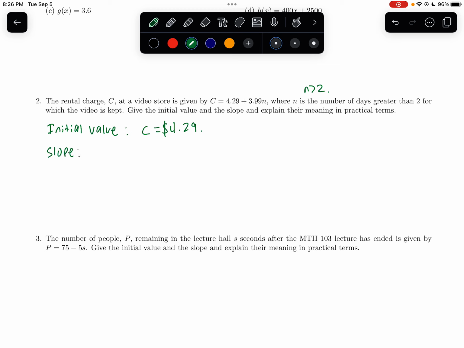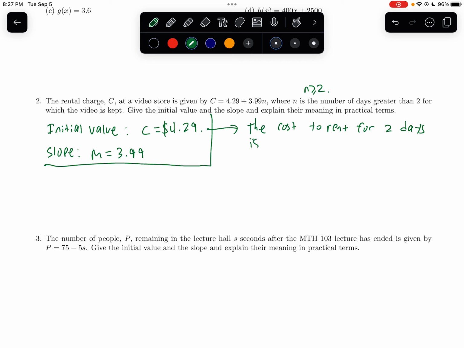would be, this is in slope intercept form, and so the slope, say m, is 3.99. What this means is that, if we look at the initial value, this means that the cost to rent for 2 days, so this should be greater than or equal to, for 2 days, is that initial value.